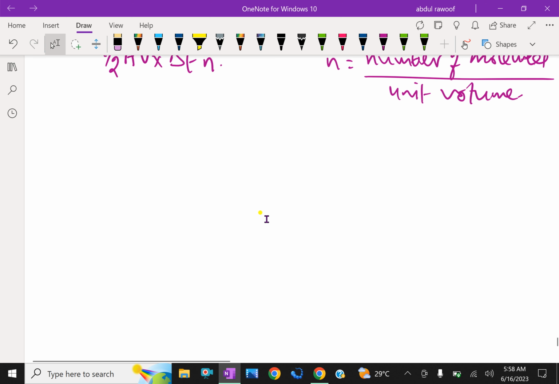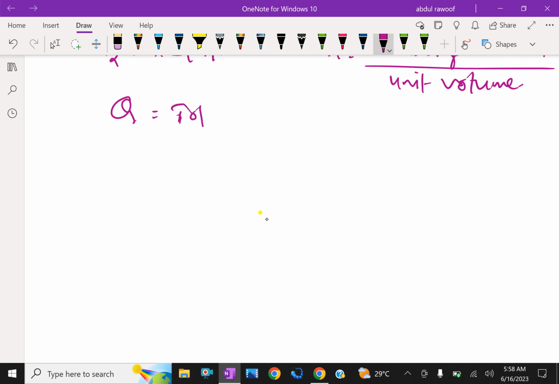Now that is equal to the total momentum. Suppose one molecule hits the wall and comes back, going toward the opposite wall; the momentum change is 2 times mVx.